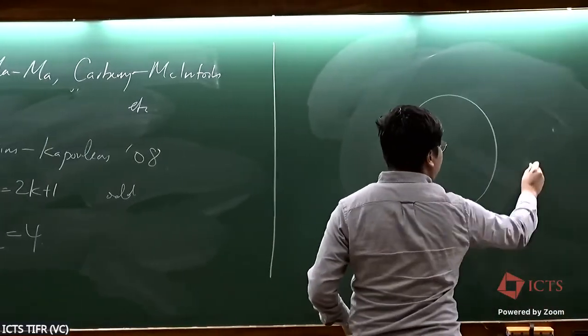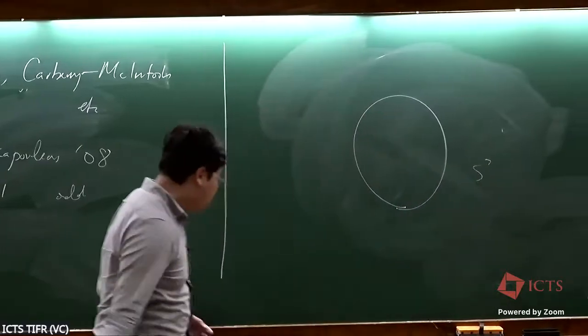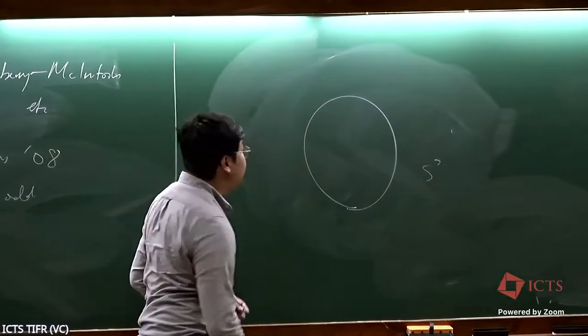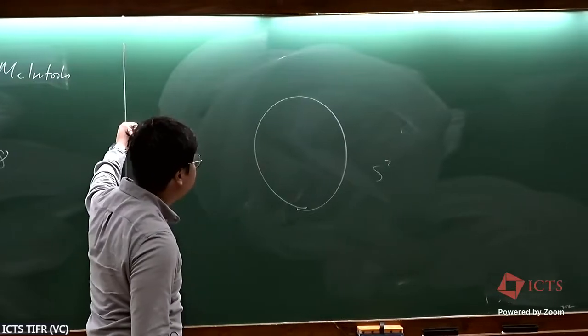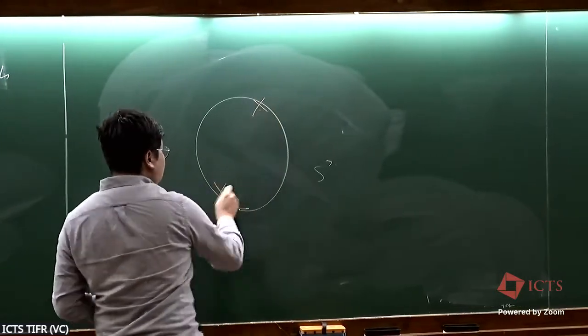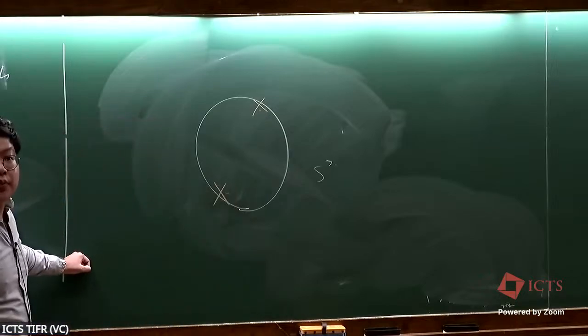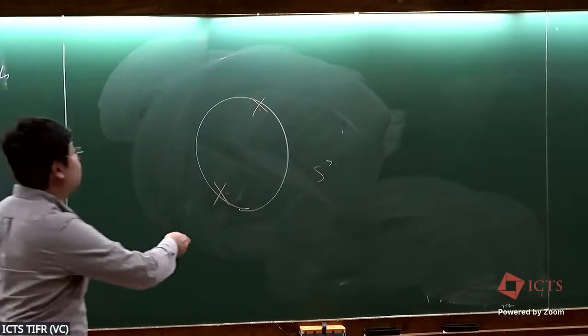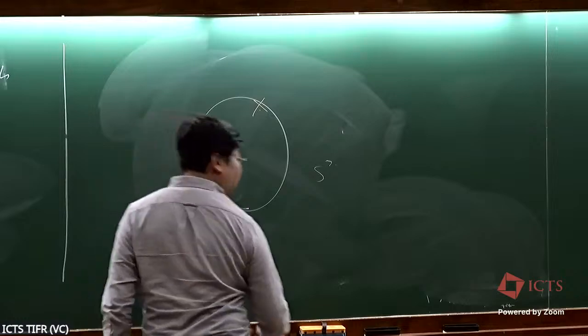Haskins in his thesis has these examples of special Legendrian cylinders, and what you do is you glue these cylinders at antipodal points, and you have some k-fold symmetry.